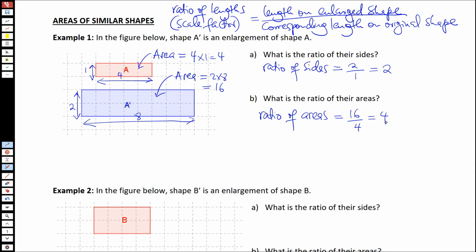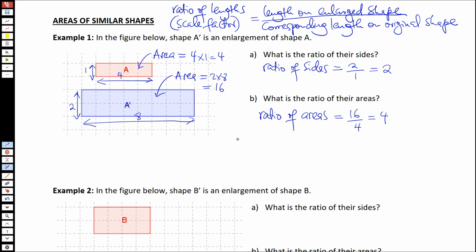Now, one thing that you may notice here is that if you square the ratio of the sides, that means 2 squared, you end up with the ratio of the areas, which is 4.